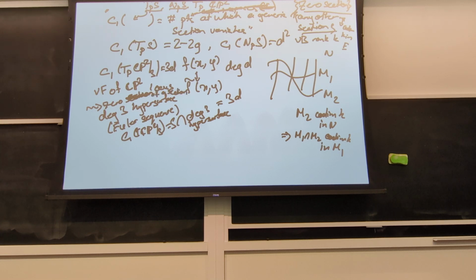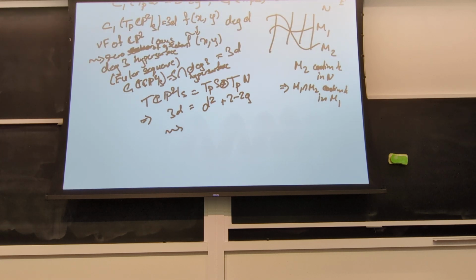Again, maybe this won't quite make sense right now, but because this is true, it turns out that 3D is equal to d squared plus 2 minus 2g, or in other words, g is equal to (d minus 1)(d minus 2) over 2, which you can also write as d minus 1 choose 2.